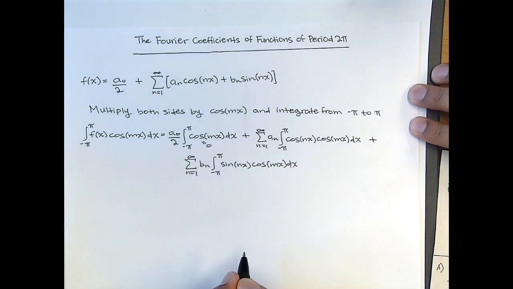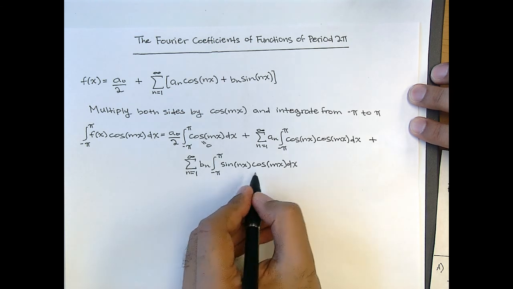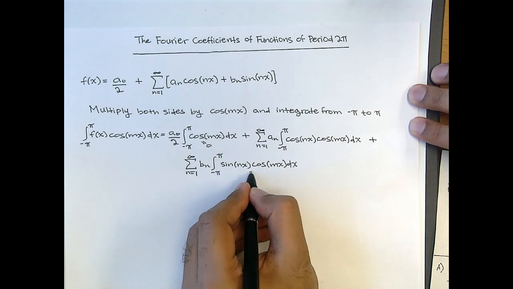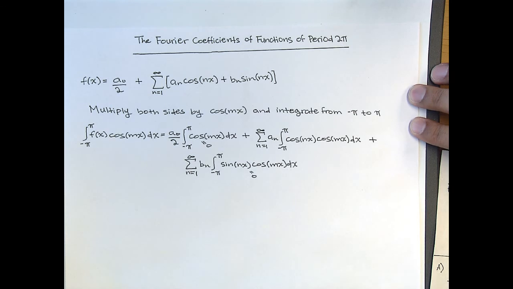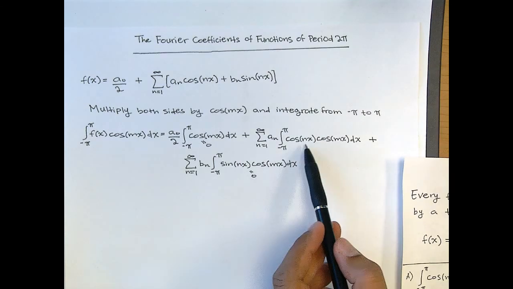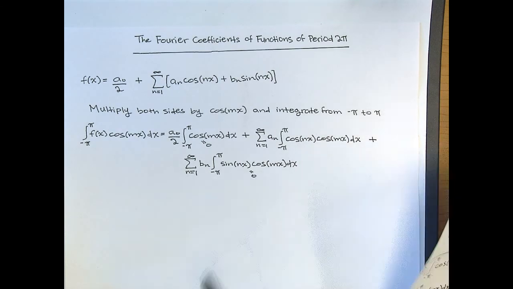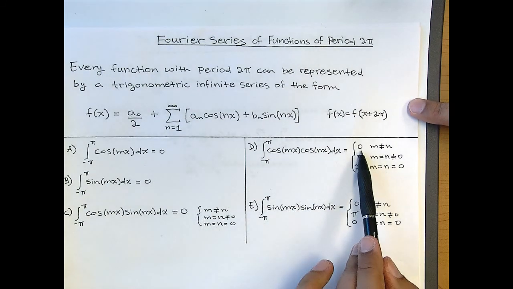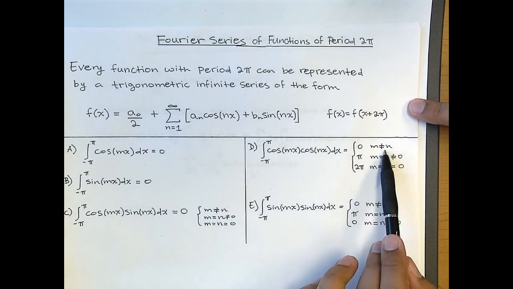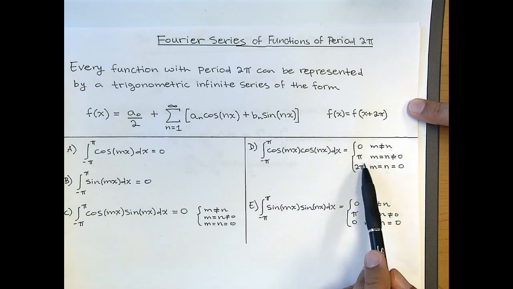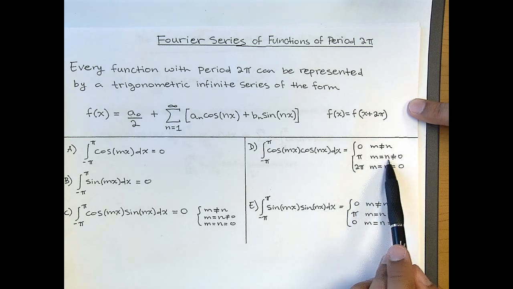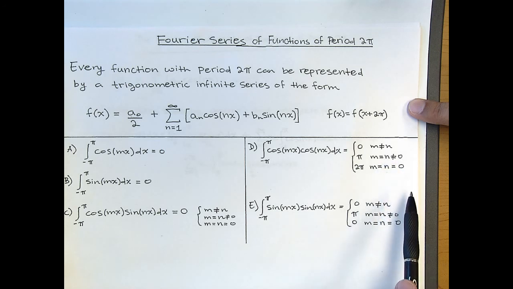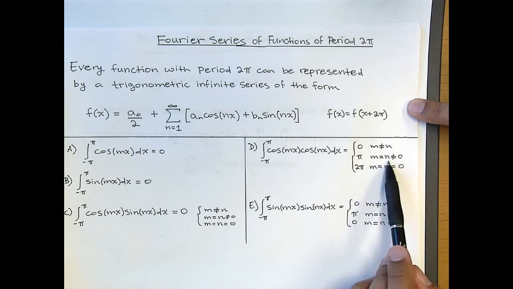and this integral here will also go to 0. This integral, however, the cosine of nx times the cosine of mx dx, is 0 for m not equal to n. It's equal to pi for m equal to n but not equal to 0, and is equal to 2 pi for m equal to n equal to 0.